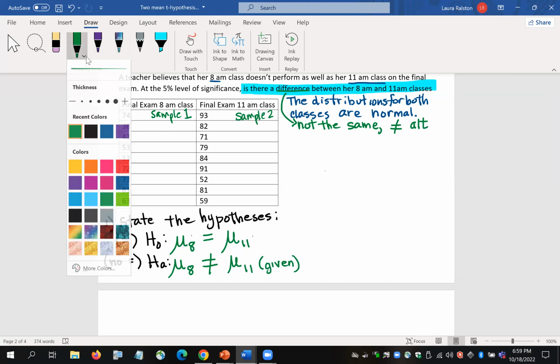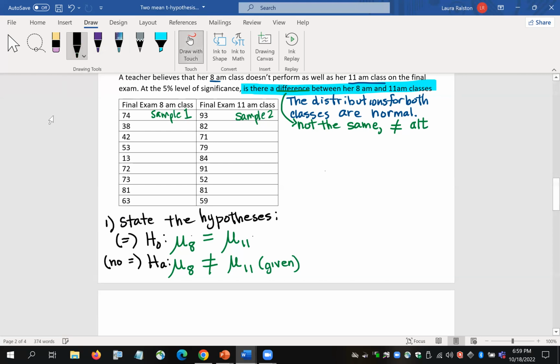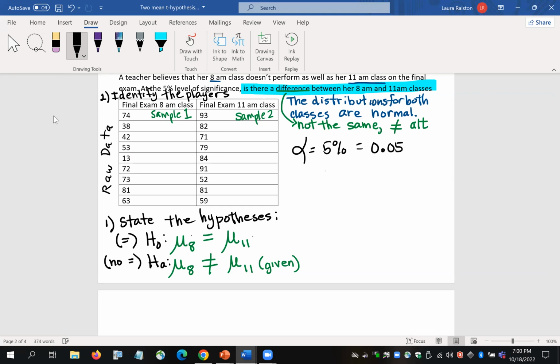Step 2 is to identify the players. And I'm actually going to write that right up here because my players in this particular case is this raw data. Okay, in this case, you have raw data. The only other piece you need is your alpha, and it says to use 5%, which is 0.05.